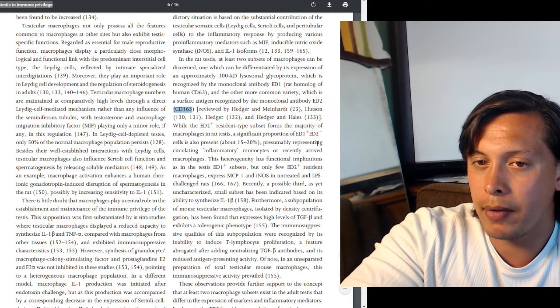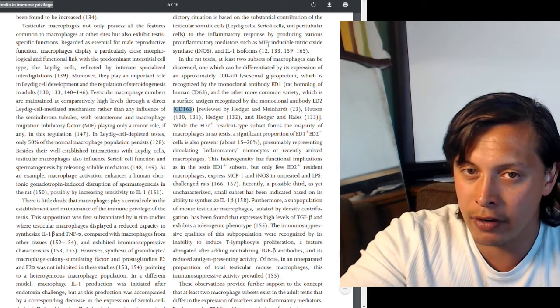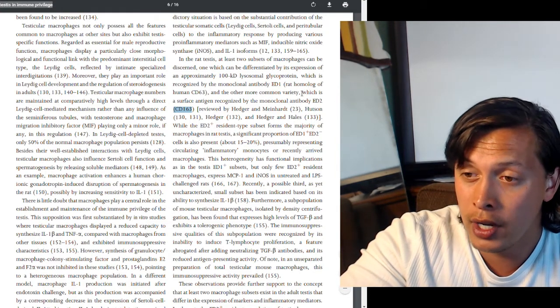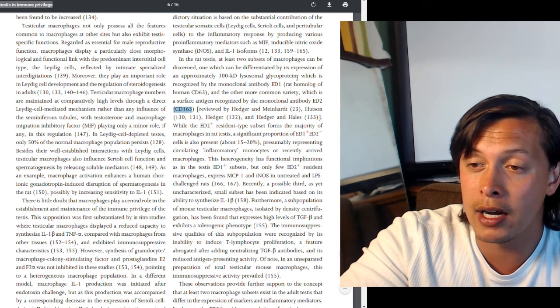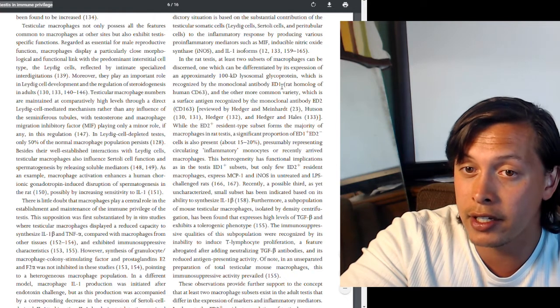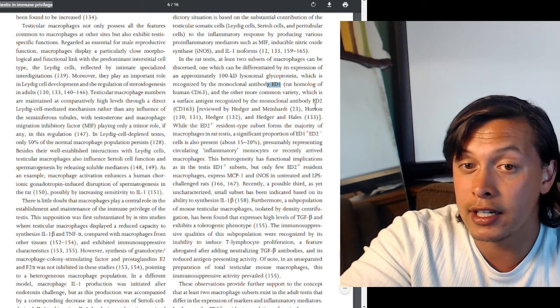Okay, I think I'm getting this. So in rat testes, there are two subsets of macrophages, and these two can be differentiated based on whether they have a protein that is recognized by ED1, or another protein that is recognized by ED2.